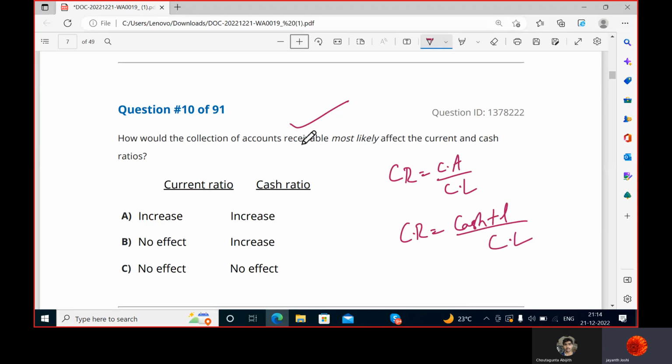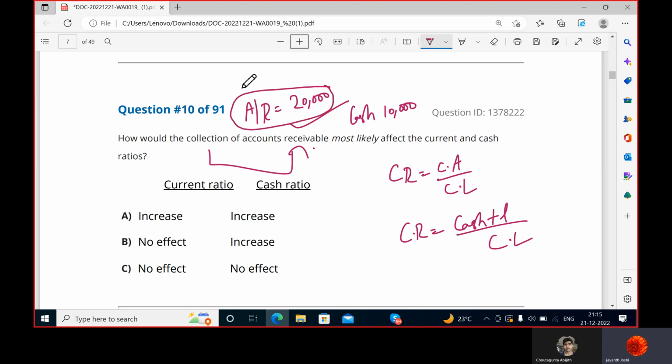Suppose your current assets are cash 10,000 and account receivable 20,000. Now you are collecting your account receivable, so it will exit, and this 20,000 will be added to cash.